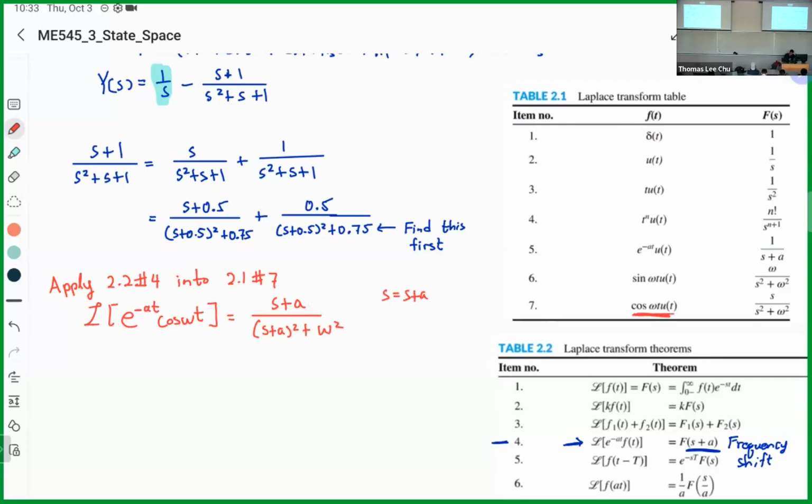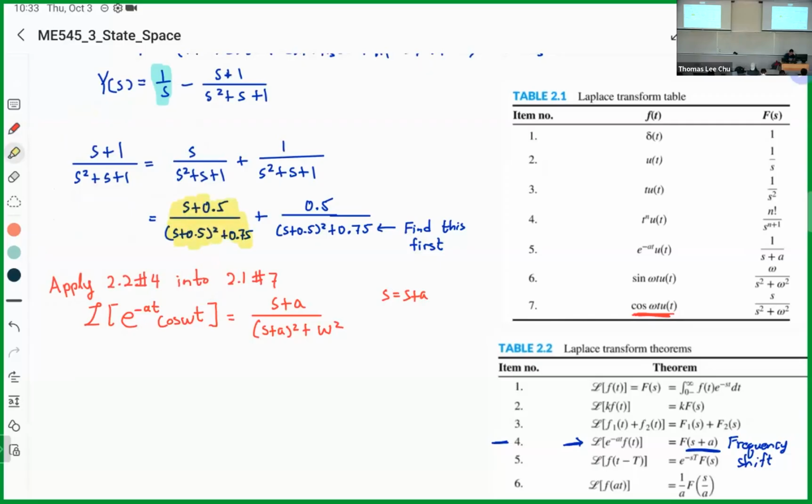We can still use this property, and then we're just adding a shift by a real number. That's what the frequency shift does. So that's what we're trying to do right here: get this form into that.